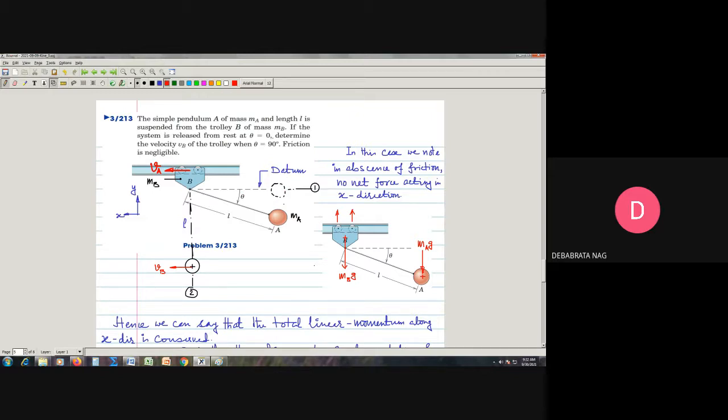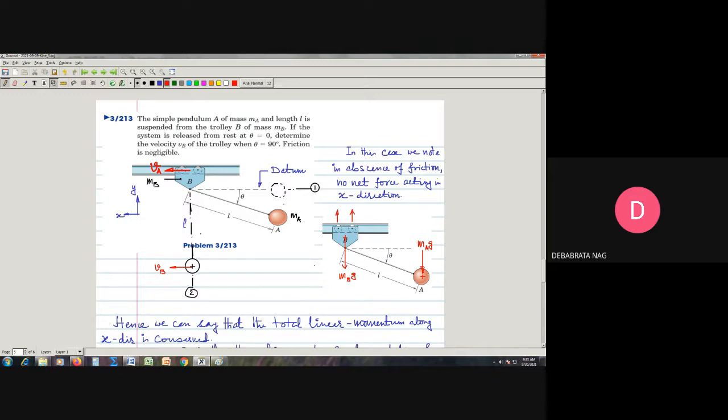The entire system is released from rest, and we have to determine the velocity of the trolley when theta becomes equal to 90 degrees. That means when the pendulum swings and occupies this vertical position, which is marked by 2 here.